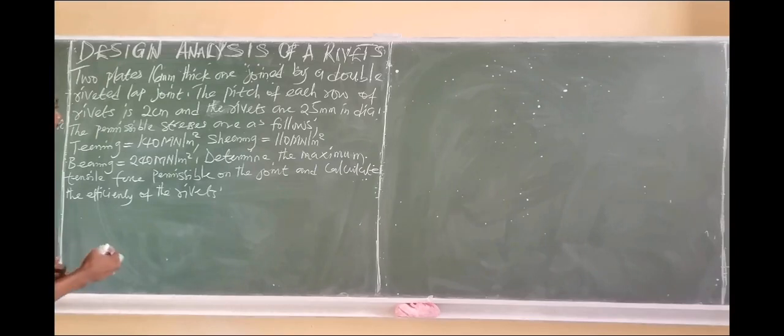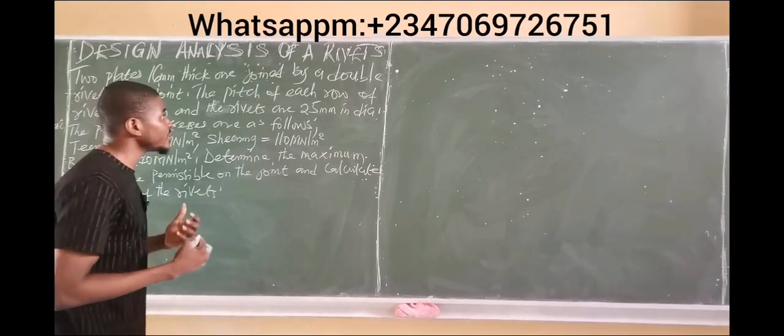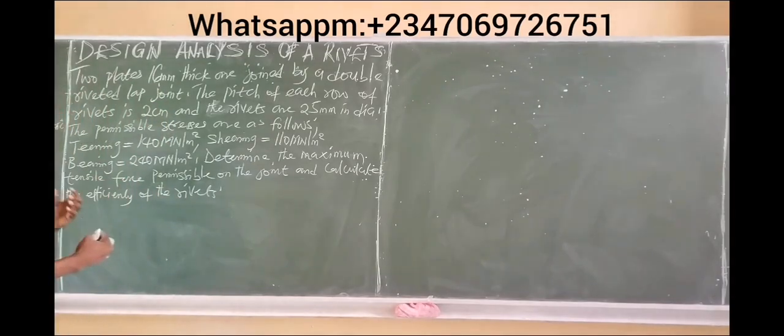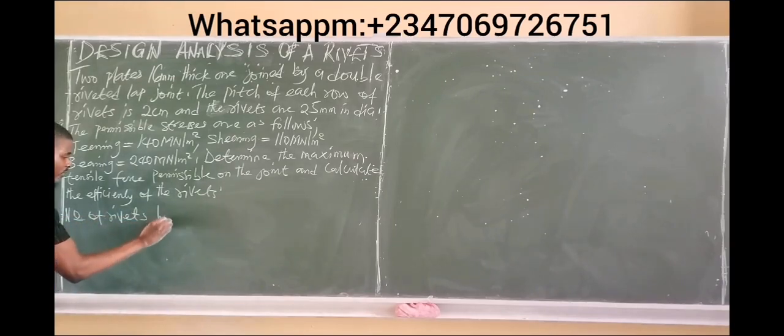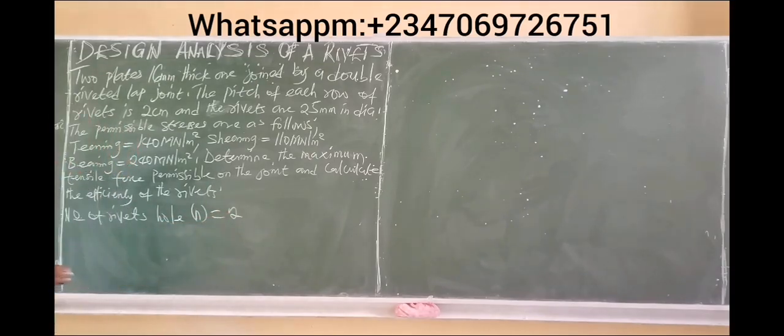Alright, so let's first of all get down our parameters. They said two plates 16mm thick are joined by a double riveted lap joint. So the first thing to consider there is the double riveted lap joint. The number of rivets is simply 2, so n is equal to 2.